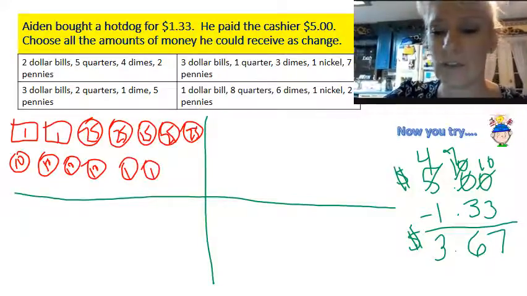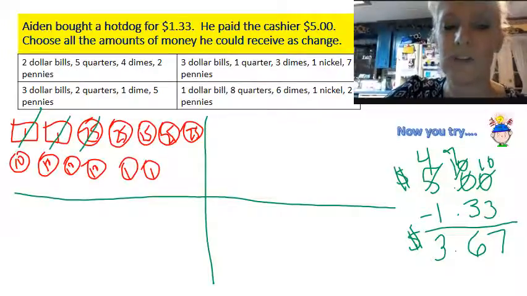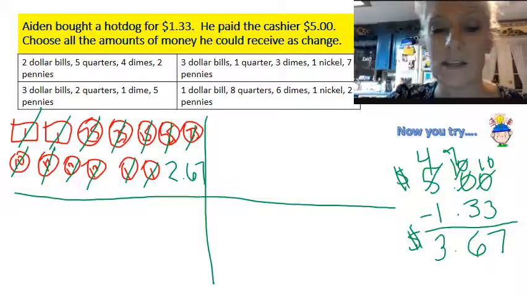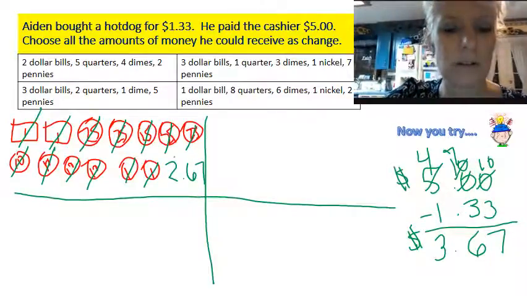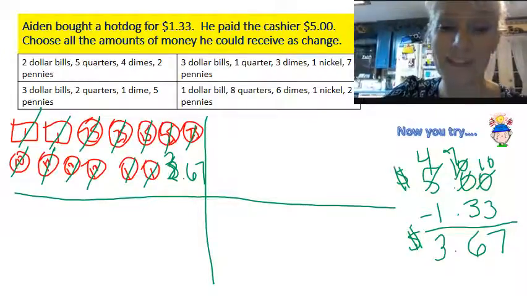All right, and if you counted those, it was 25, 50, 75, $1. So we have $2, 25, 35, 45, 55, 65, 66, 67. So we had $2.67. That is really close. Oh, no, it's not. It's $3, isn't it? $3.67. So that one matches.